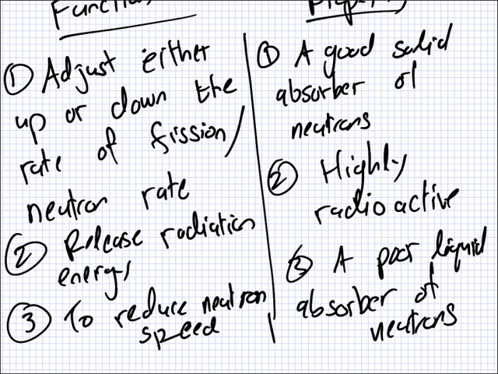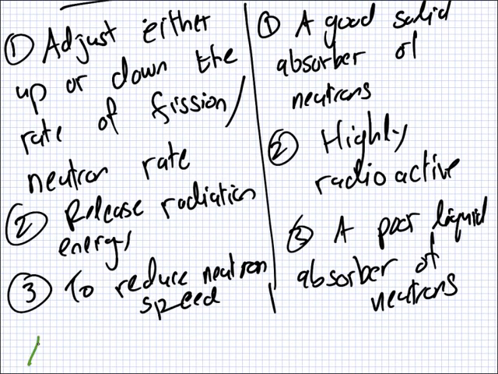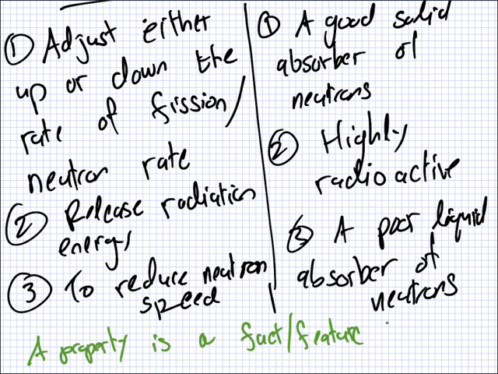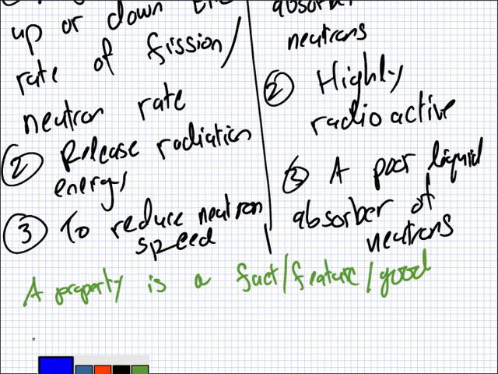No, okay, how can I put it here. A property is like a fact or a feature, or usually something good. Let's think of an example. You just describe something in this part.